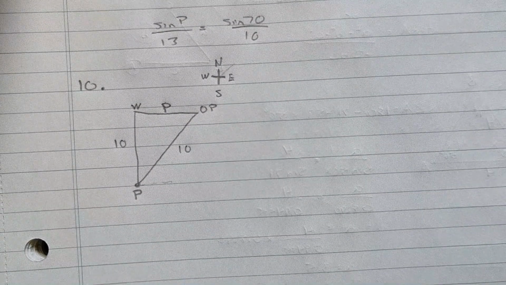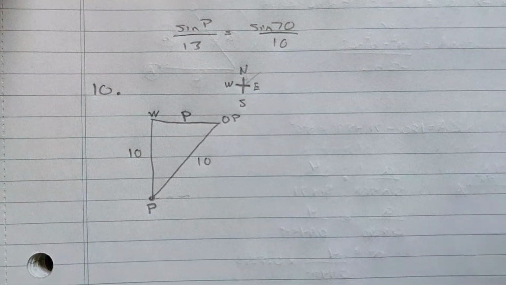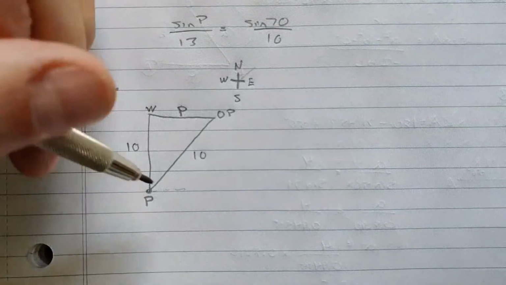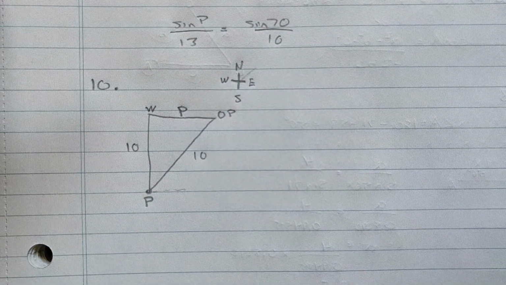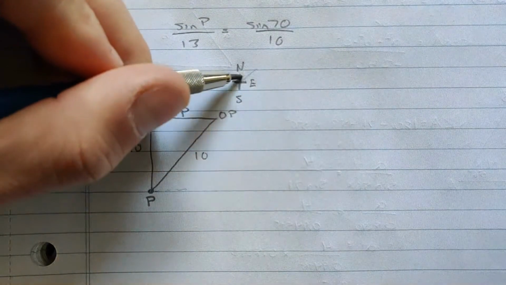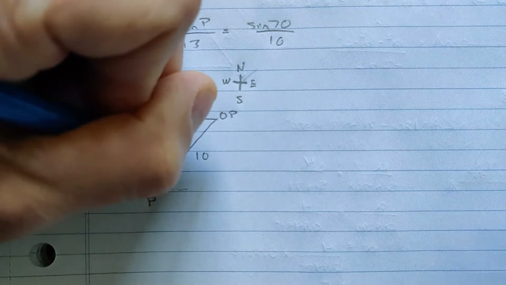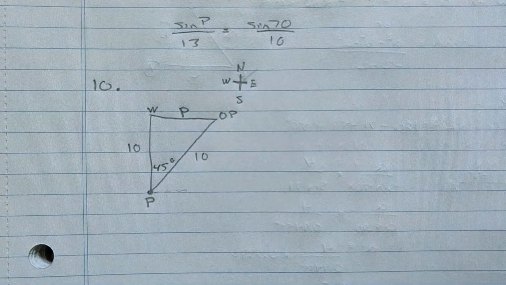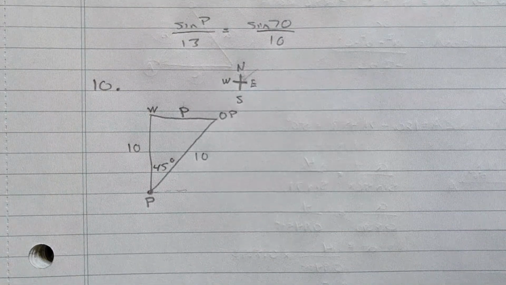But in the case of traveling in a northeasterly direction, northeast is directly between north and east, and there's a 90-degree angle between north and east, so northeast is at 45 degrees. So northeast is 45 degrees off of north, or 45 degrees off of east.